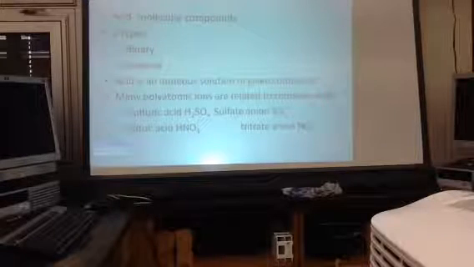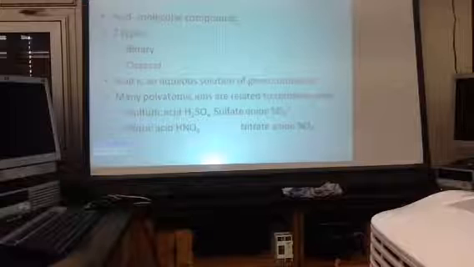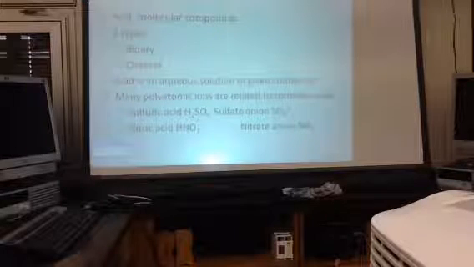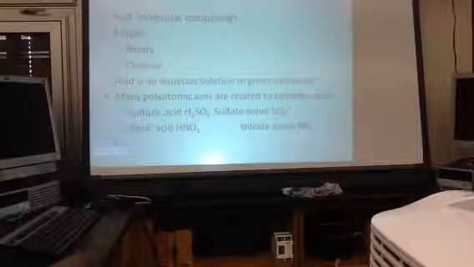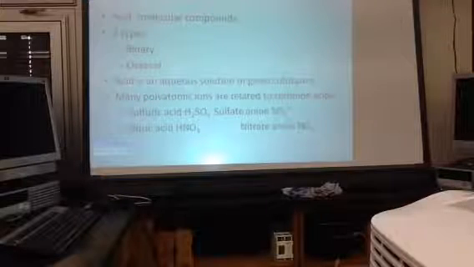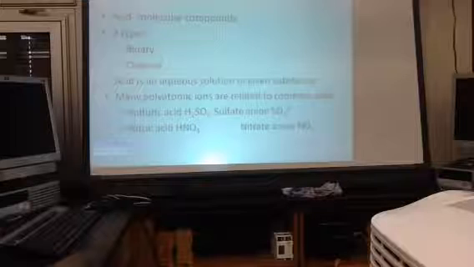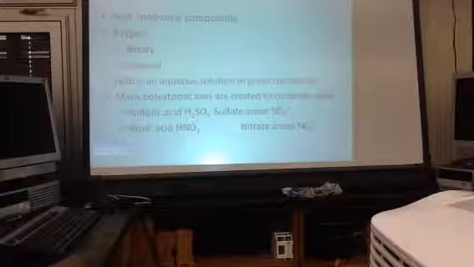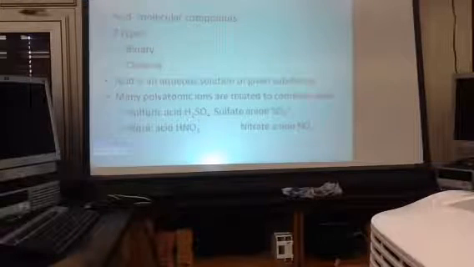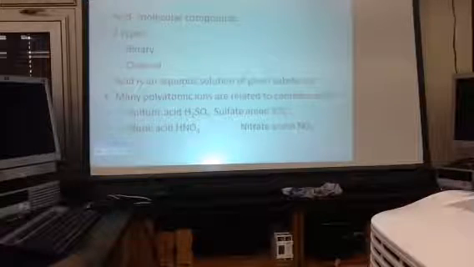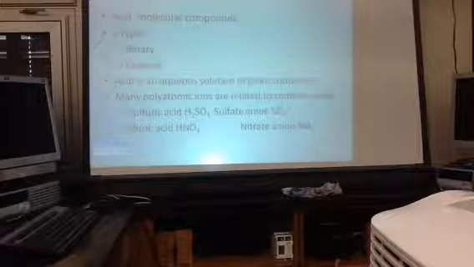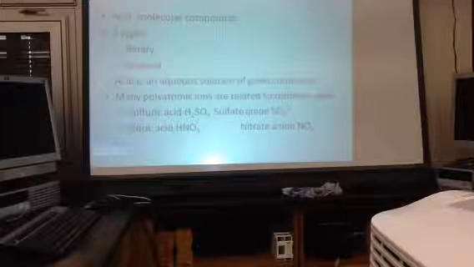The binary acids are pretty much all a halogen plus hydrogen. So we've got hydrochloric. Guess which halogen that is? Chlorine. We've got hydrofluoric. Fluorine. We've got hydrobromic. Bromine. Can you guess what the fourth one is?